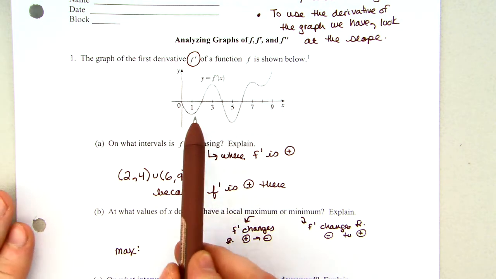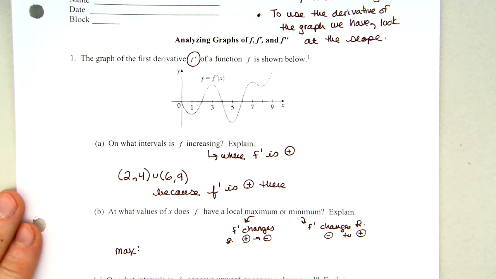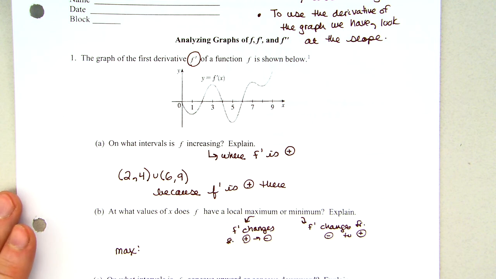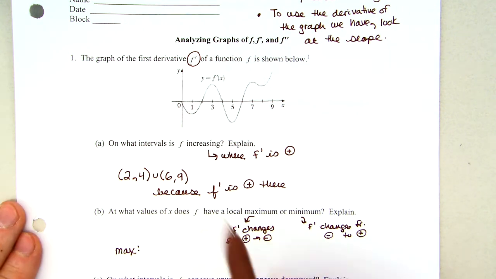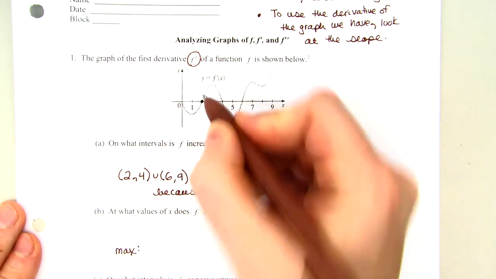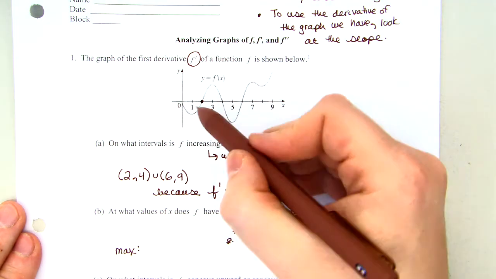The x-intercepts, all of them? All of them, except for 0 and? 0. Tyler? Where they're changing from what to what? Okay, I've got an x-intercept over here. Are my f prime values changing from positive to negative?